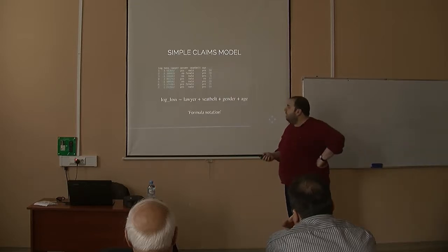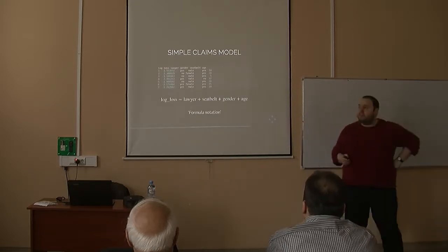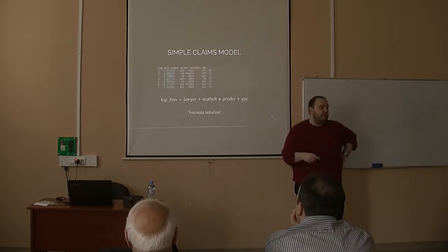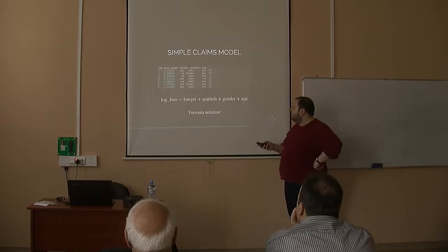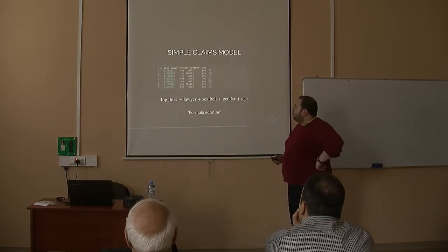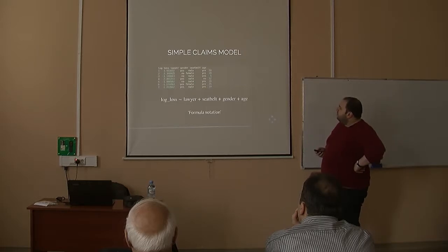We've got a very simple claims model. This is a talk I've given before, so again I'm using insurance. But these are all data sets that are available in Base R, I think. It's the insurance data, the auto BI. I've changed it around a little bit.